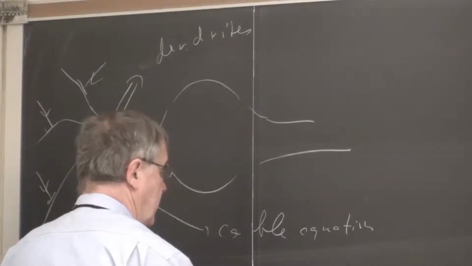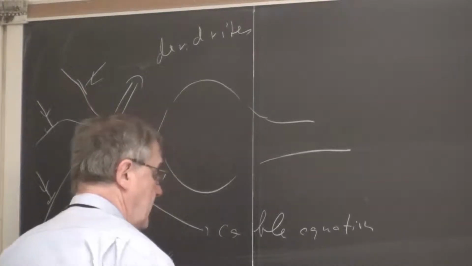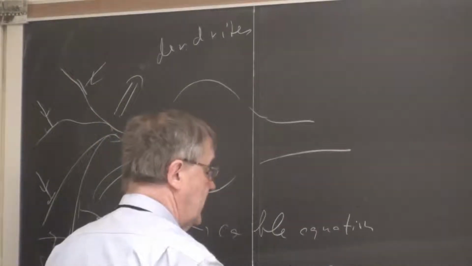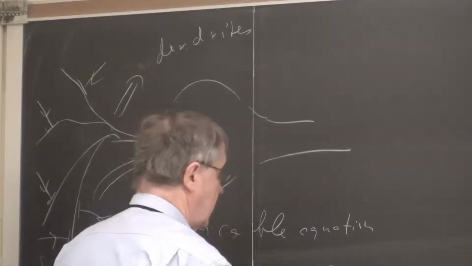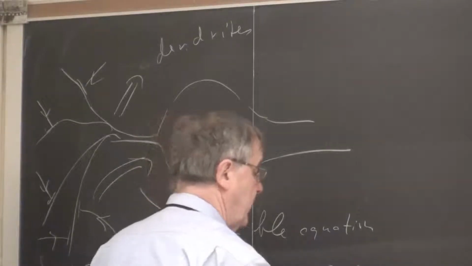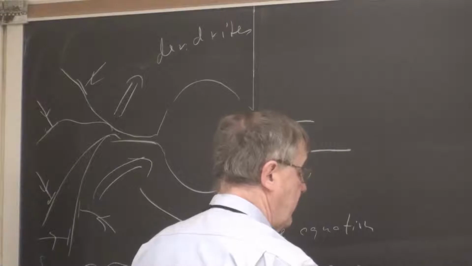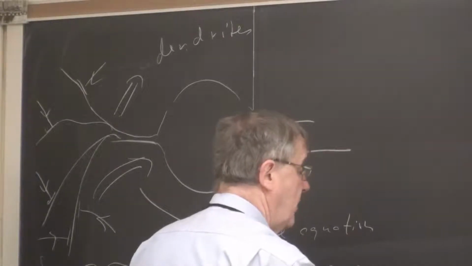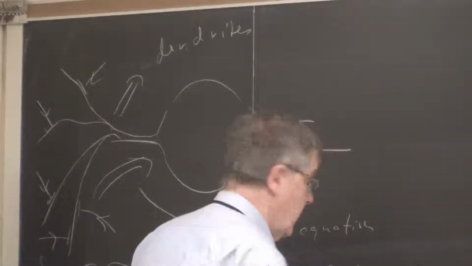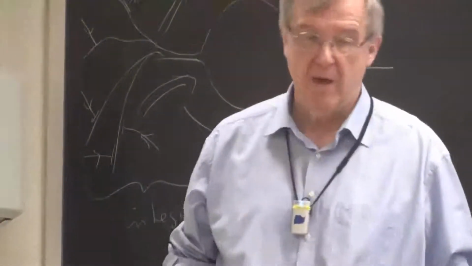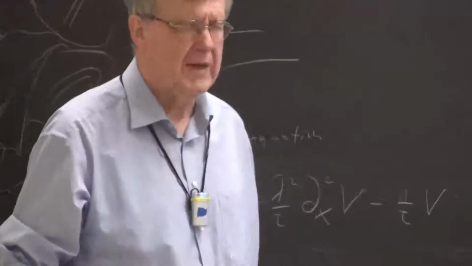dV(x,t)/dt is equal to lambda squared divided by tau times the second derivative of V, minus 1 over tau V. And so this is a diffusion equation where the diffusing substance had a finite lifetime.